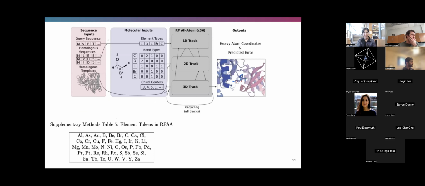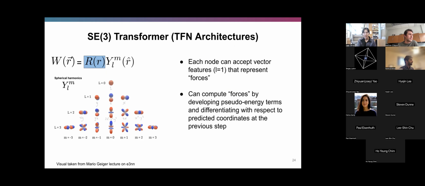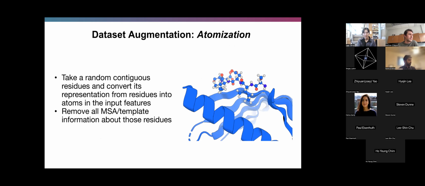You provide just the element types and the bond types and the chiral centers for those, right? And all of the coordinates at the very start are just initialized to the origin, functionally. So you don't provide coordinates in any case. In those cases, if I'm treating these three residues as atoms, I don't provide a multiple sequence alignment or homologous template information.